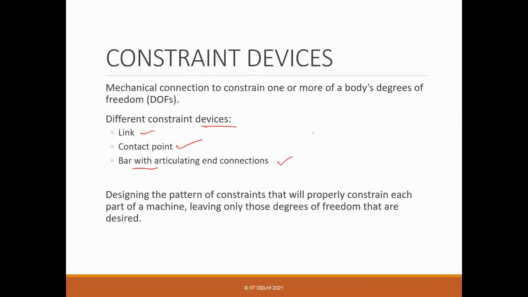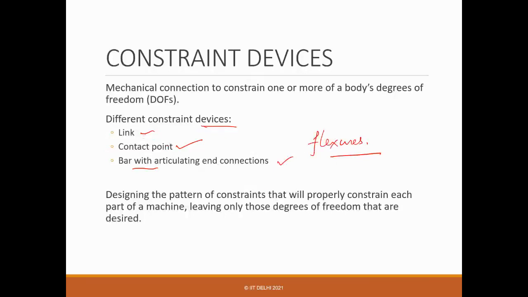I think later we also realized that it can also be achieved through flexures or compliant mechanisms. So this can also be added. We say link, contact point, or bar with articulating end connections.